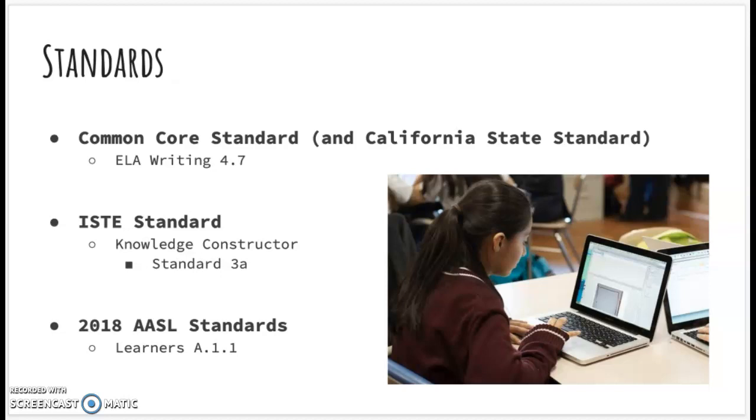And the ISTE standard, students again are employing research strategies to locate information. And the AASL standards are the school library standards. And in those, learners think, display curiosity and initiative by formulating questions about a topic and recalling prior and background knowledge.